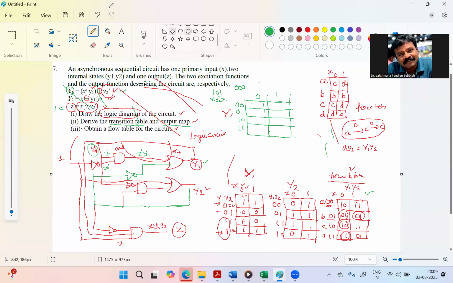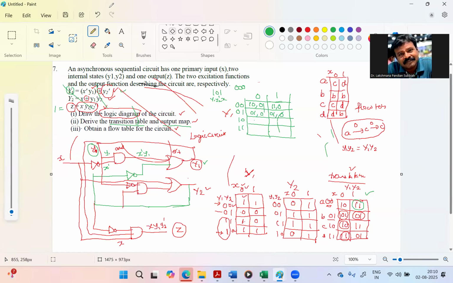So that was 0 0, the state is 0 1, and then output is 0. Here the state is 1 1, this one, right? The state is 1 1, then the output is 0. Then here the state is 0 1, then output is 0, right? Here we are having now the state is 0 1, output is 0.